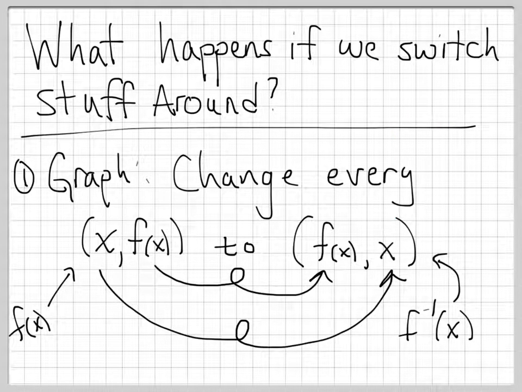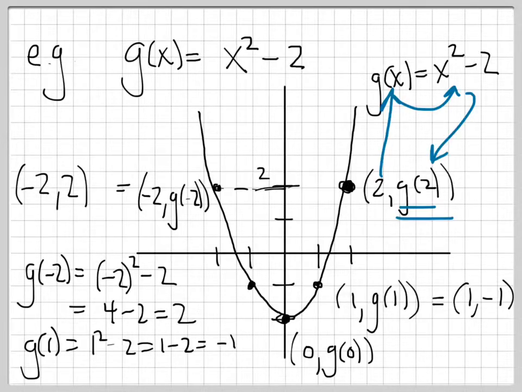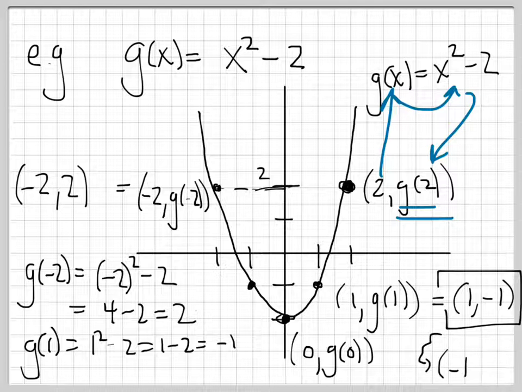So for inverses, we ask the question, what happens if we switch stuff around? Right? And so there's two things that we talked about. One's the graph and one's the actual function itself. And so what happens if we just switch all of the coordinates? If we take every (x, f of x) and switch it to (f of x, x), so if you saw a point like (1, -1), we could ask what happens if we make it (-1, 1), and so on like that.